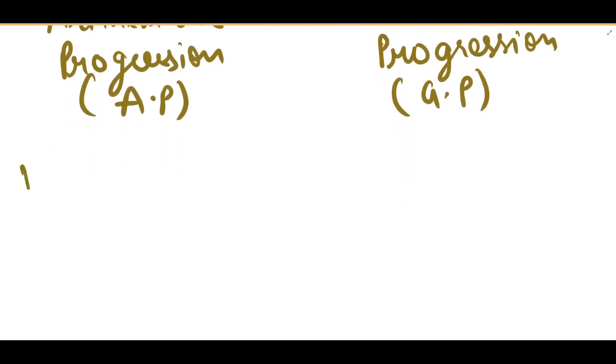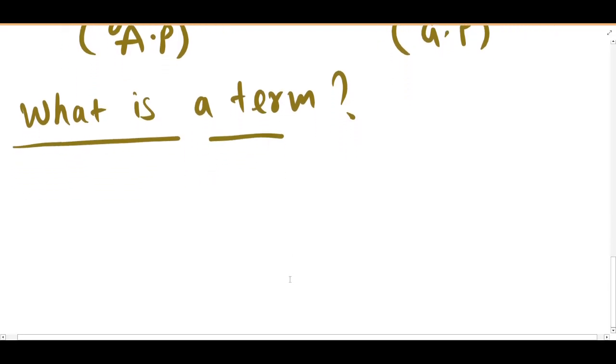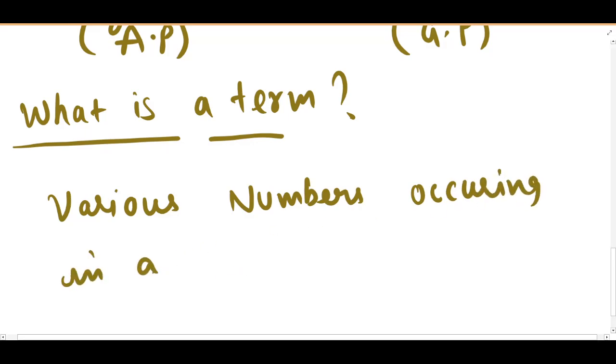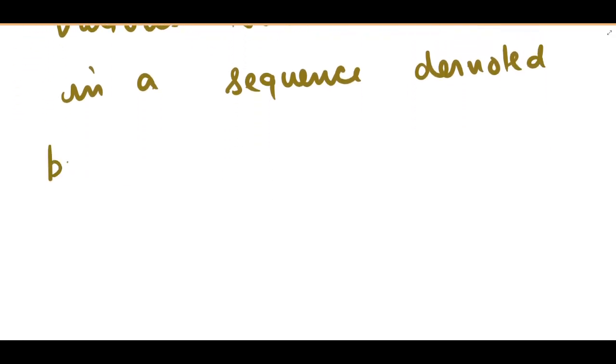So what is a term? Various numbers occurring in a sequence are denoted by A1, A2, A3 and so on up to An.